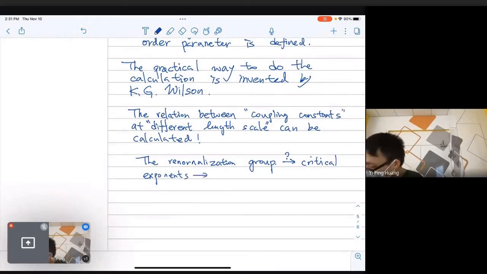And once we know the idea of critical exponents, we can also realize that some of the properties of the system are important and some are not important, so that the critical exponents will not be influenced by that. And that means that some of the microscopic detail of your model is not important, which means that you can have a lot of different microscopic models, and they all give you the same critical exponents, and they all belong to the same universality class.